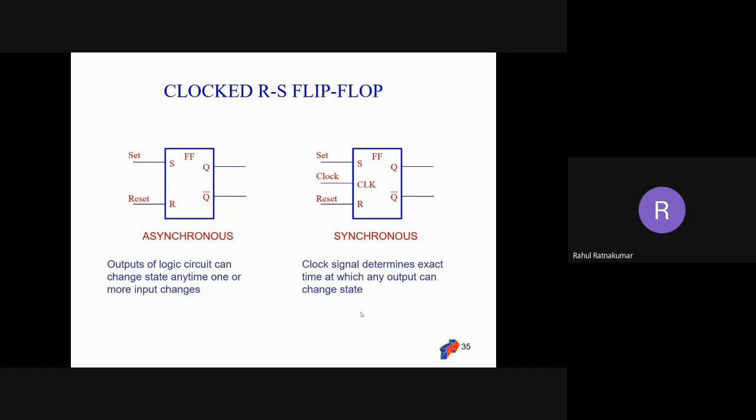Although these asynchronous circuits are not a part of your digital or computer architecture, because mostly we use synchronous circuits in all these computers, there are some cases where we use asynchronous because sometimes synchronous can also be slow. Why should I wait for a clock when I can complete the process faster than the clock?